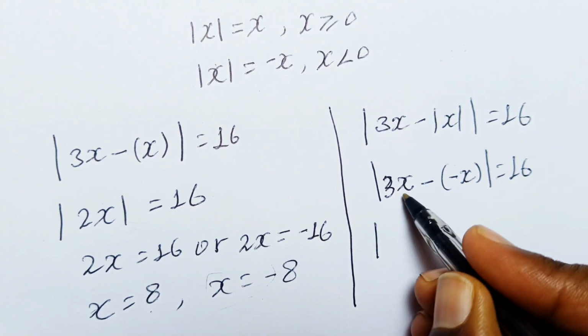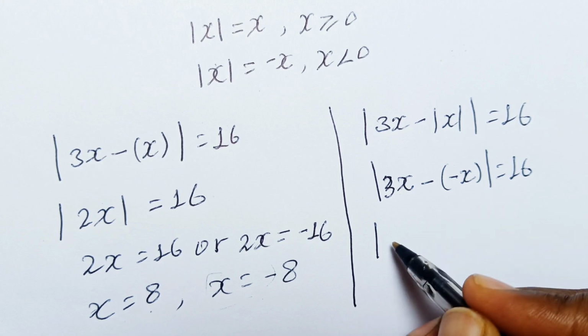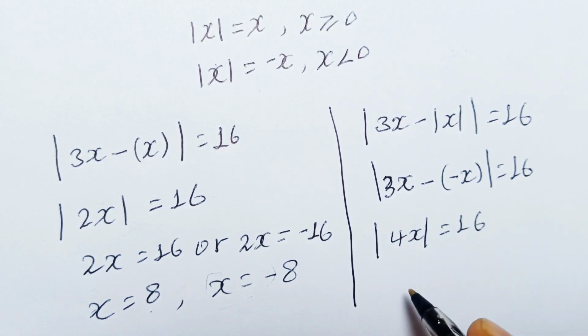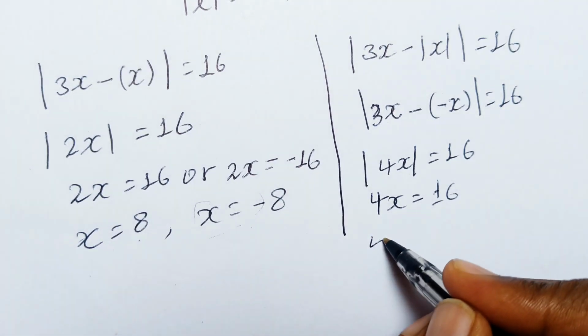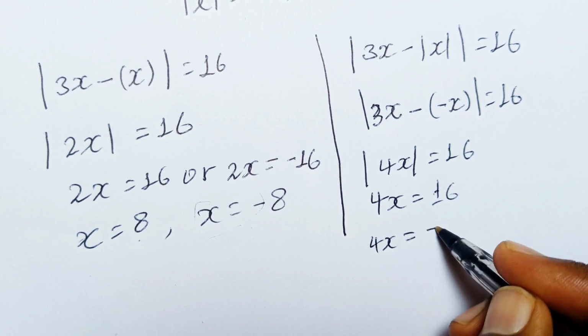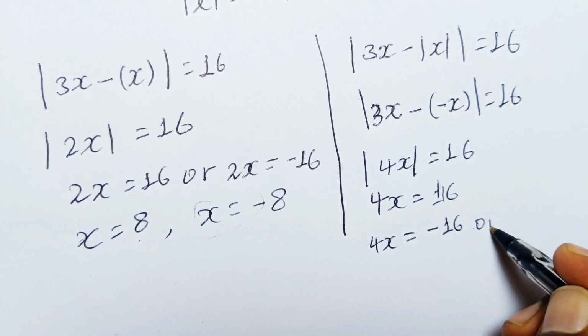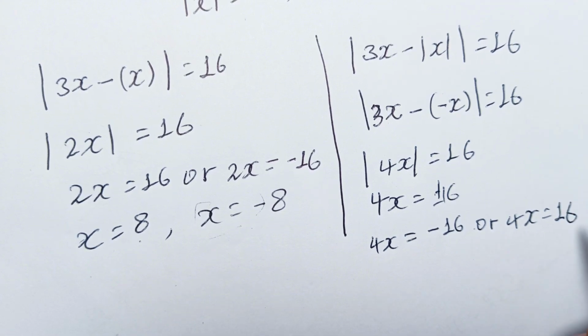So 3x minus a minus is plus, so 3x plus x, 4x, equals 16. So 4x equals plus or minus 16, which means 4x equals minus 16, or 4x equals positive 16.